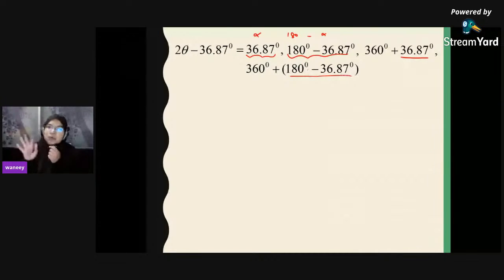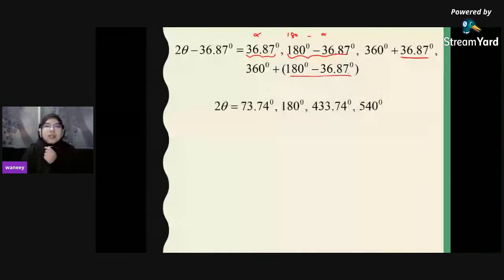So now we simplify them a little bit. So we got that 2 theta is 73.74, 180, 433.74 together with 540. So what did I do over here is that I simplify each of them, and then I simply add them with 36.87. So that is how we get these 4 values.